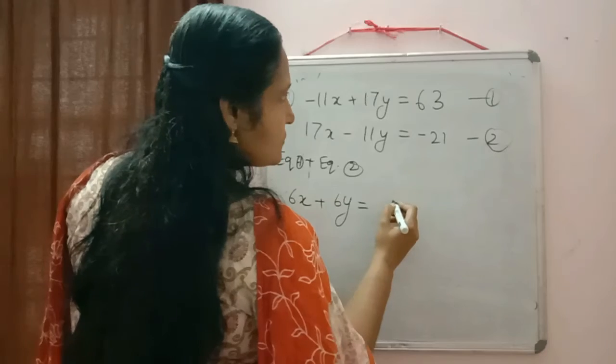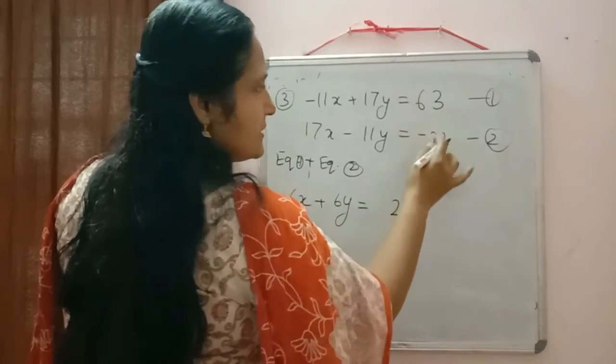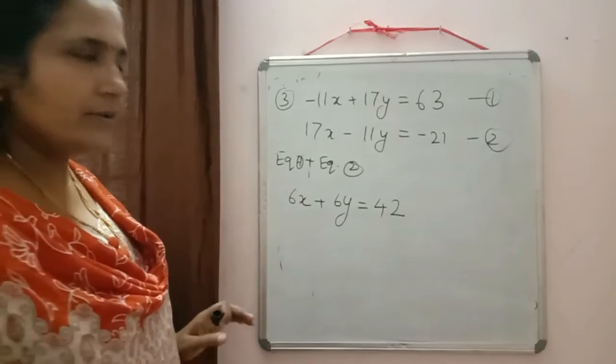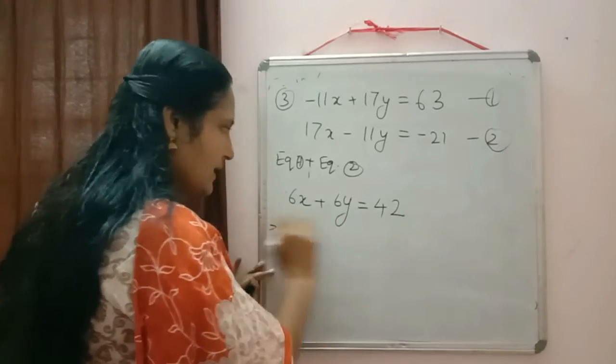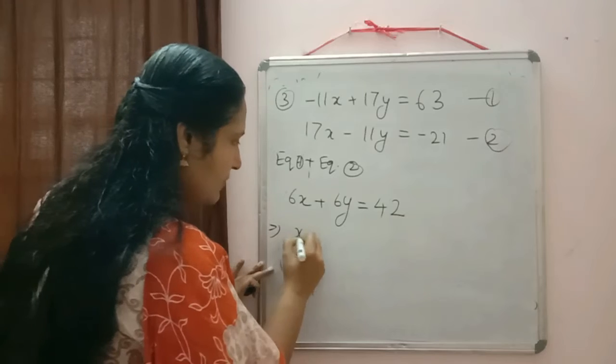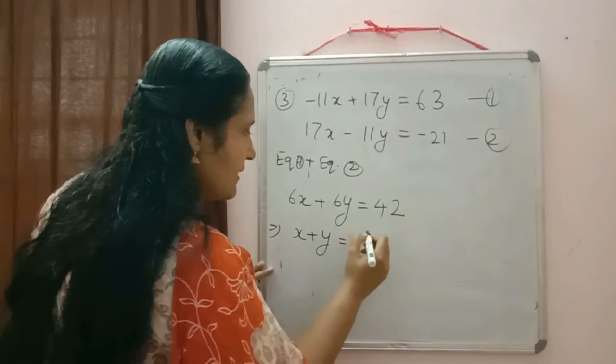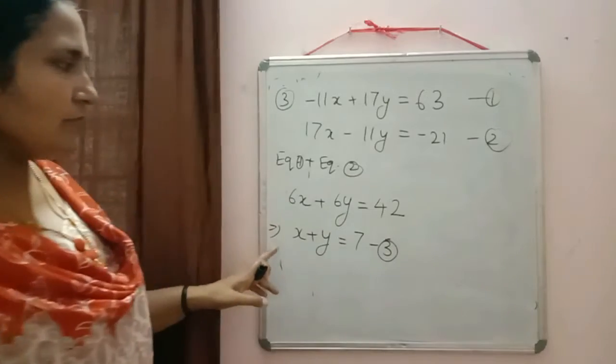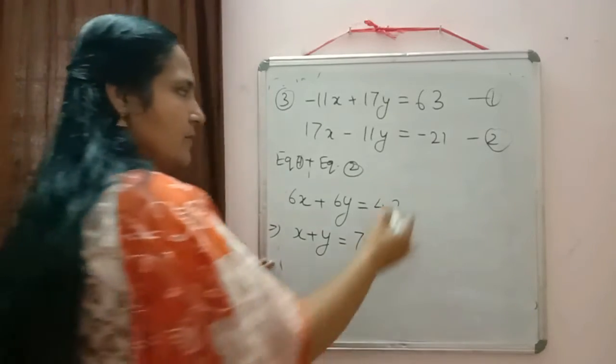So 3 minus 1, 2, 6 minus 2, 4. 6x plus 6y is equal to 42. So we can cancel it by 6. Then it will be equal to x plus y is equal to 7. We can make it equation number 3. So we got x plus y is equal to 7.